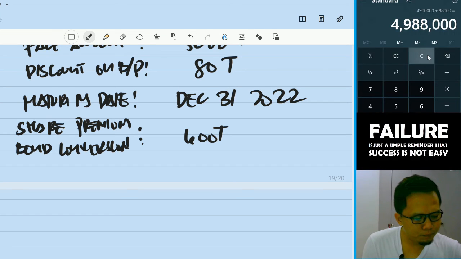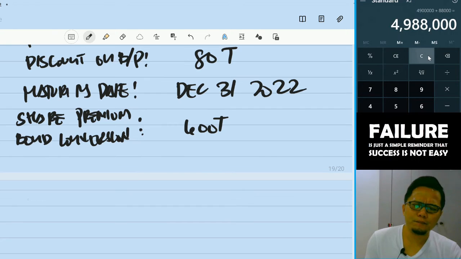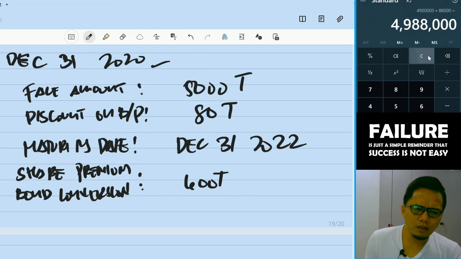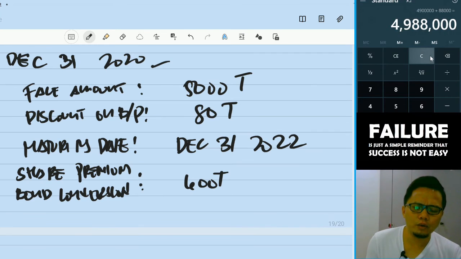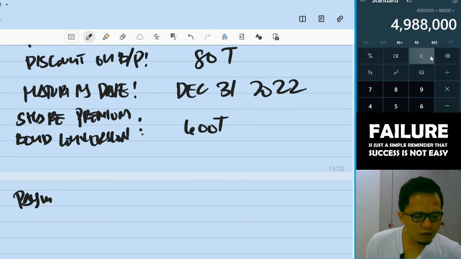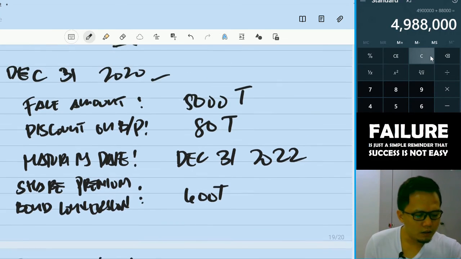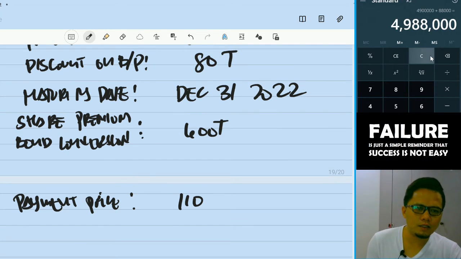Then on December 31, 2020, let's say the bond issuer asked the bond holder that it would pay the bond at a payment or extinguishment price of, let's say, 110, para papayag lang talaga siya na i-pre-terminate yung bond.